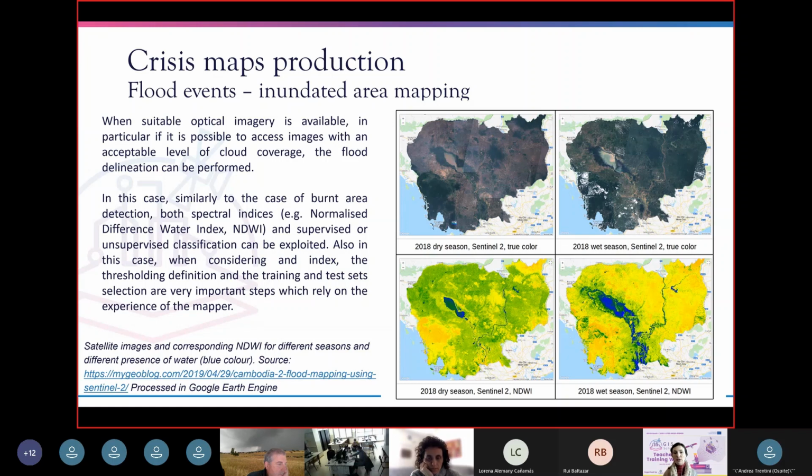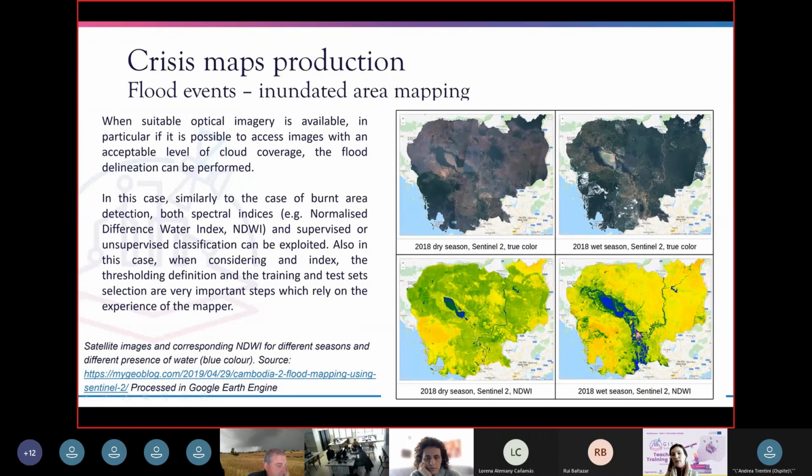Here in this slide, you see an example of the difference between the dry season and the wet season, how it looks like on the optical image on top, and how it looks like in the NDWI representation. So here the colors represent the values of the NDWI with colors which remind you of the presence of water.